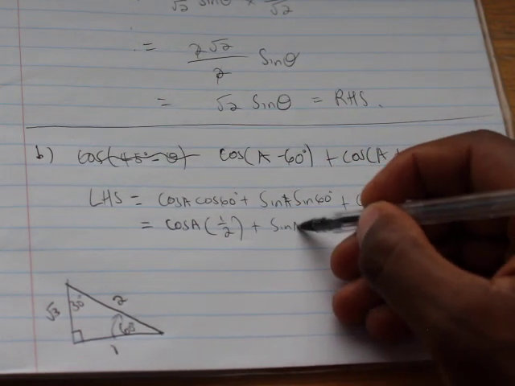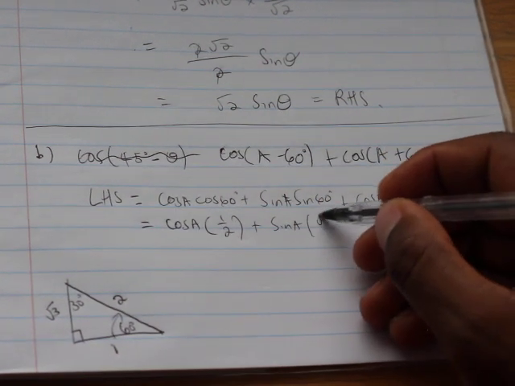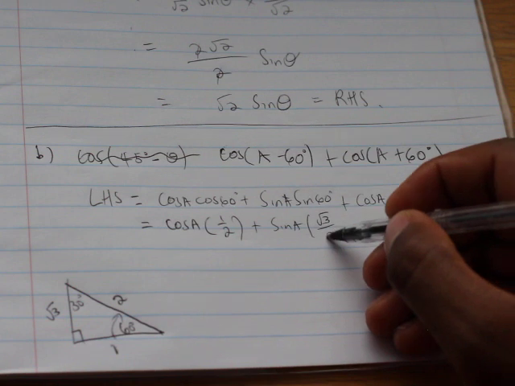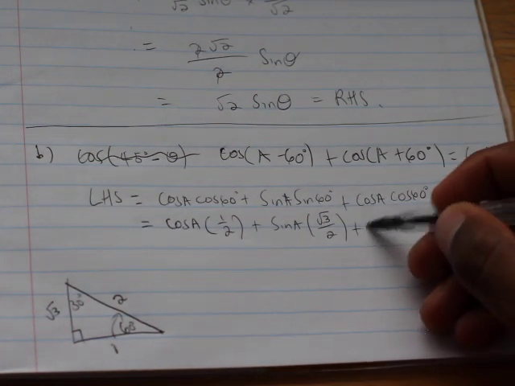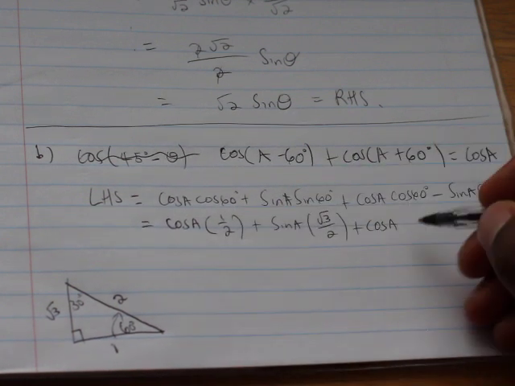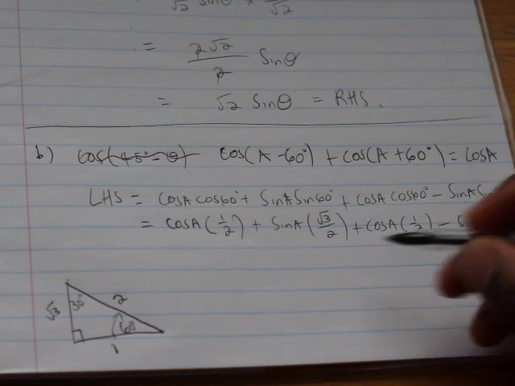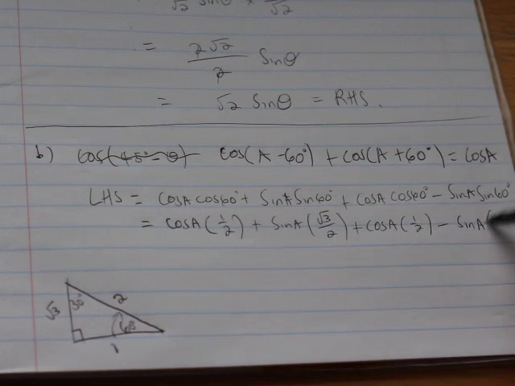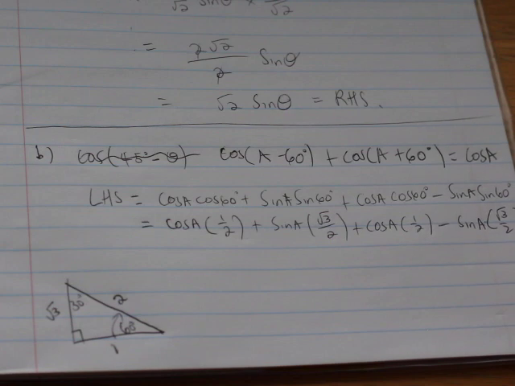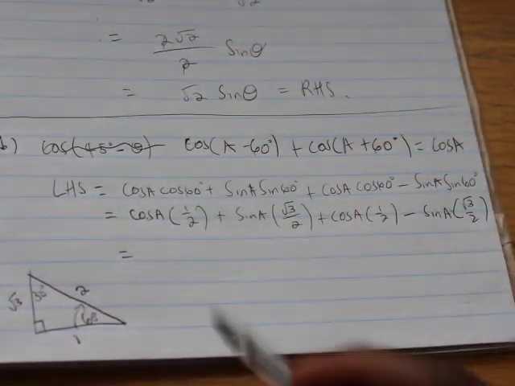The sine of A, the sine of 60, I hope that's root 3 over 2, opposite over hypotenuse. Cosine of A, once again, we already got cos 60, which is 1 over 2, minus the sine of A, we already got sine 60, which is root 3 over 2. Now let's do the simplification.